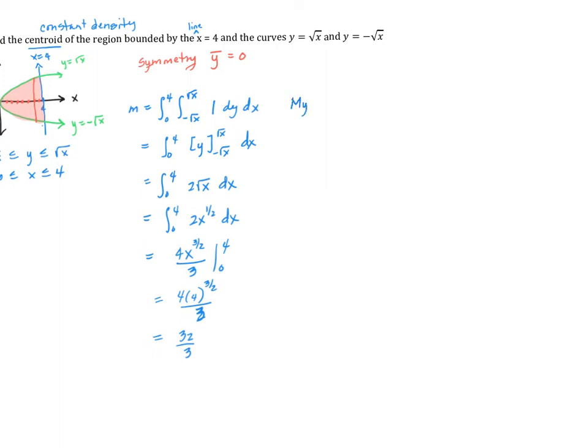I now need to find total moments, same integral as far as limits of integration go, which is nice. So it's all going to be the same. The only thing I have to do now is add the x in to my integrand. So all of this is going to be the same, except for now I'm integrating with respect to y first, so this becomes x times y, square root of x's dx.